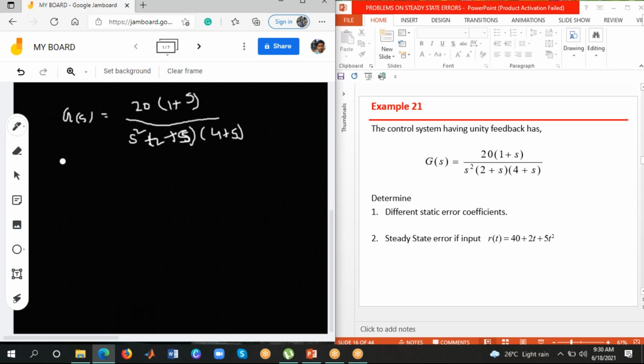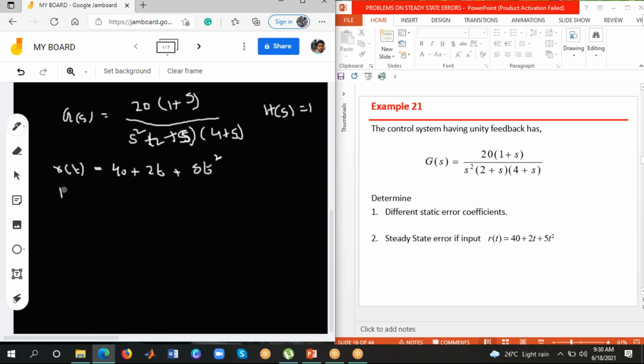Right. And H of s is equals to 1. R of t is equals to 40 plus 2t plus 5t square.